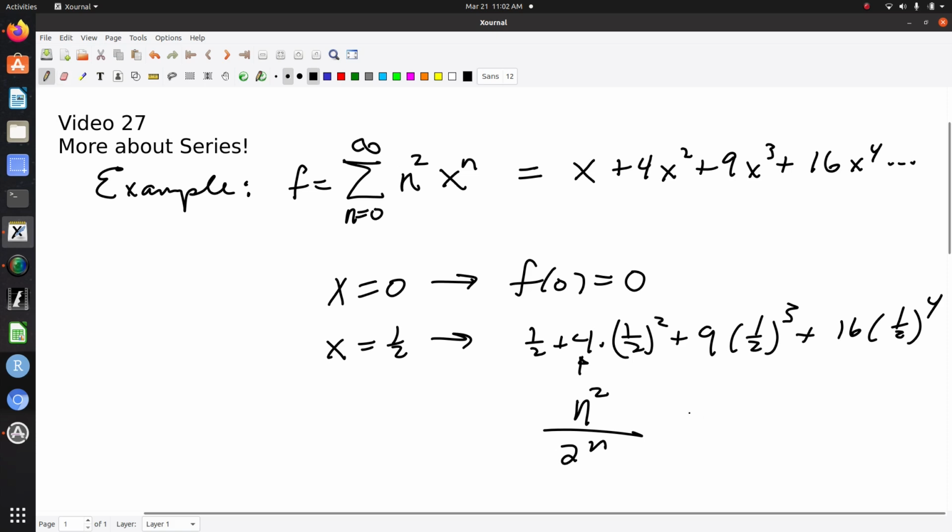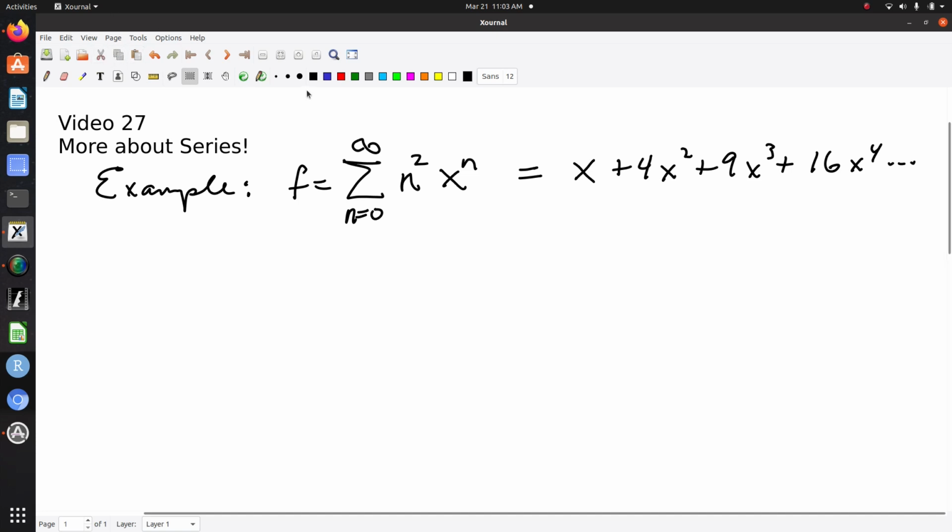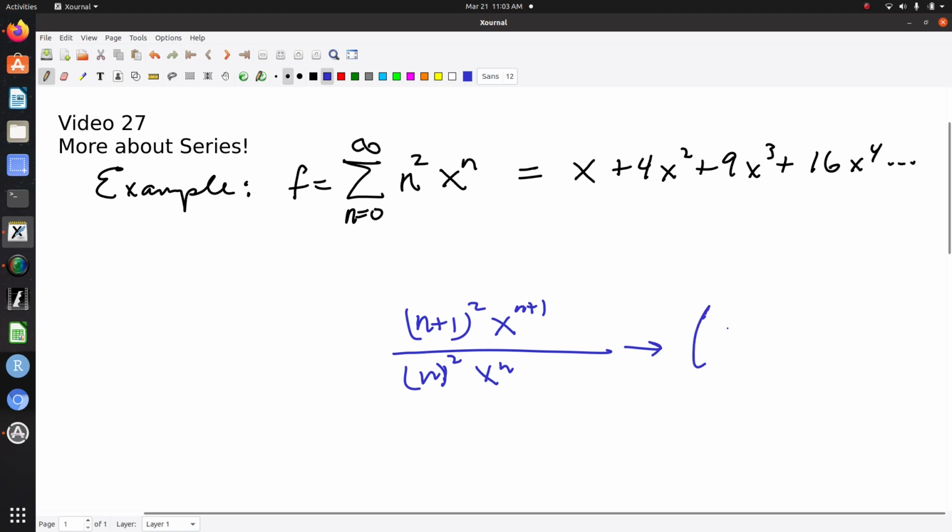So this thing is still going to converge. And the way we will work that out is we can go ahead and use the ratio test to demonstrate that this is going to work. So if you said n plus 1 squared x to the n plus 1 divided by n squared over x to the n, this would equal n plus 1 over n squared times just x, because most of these x's would go away.